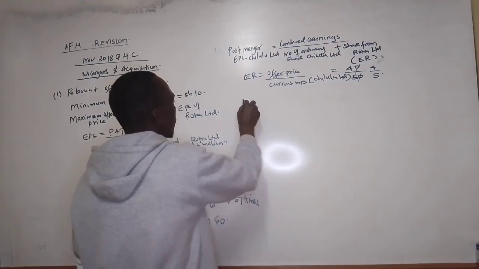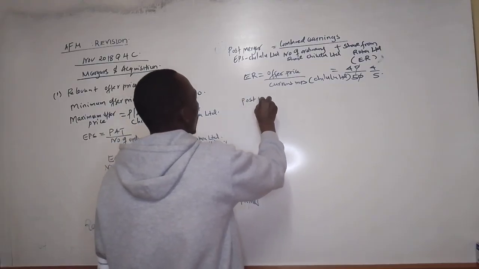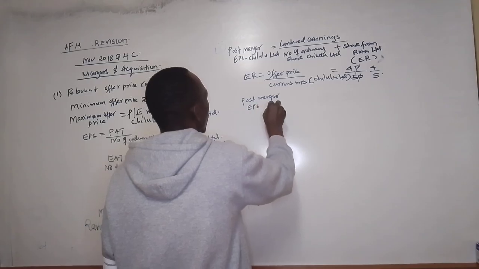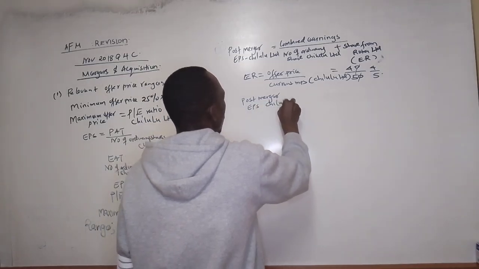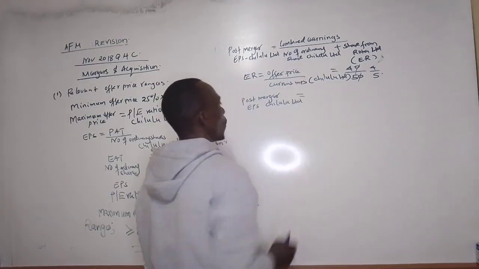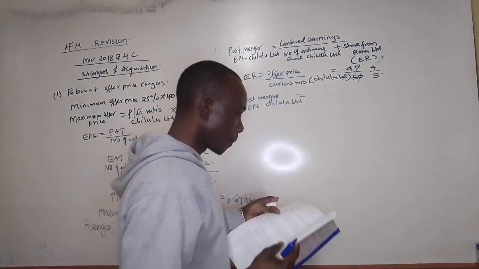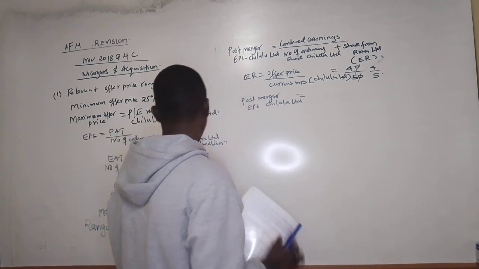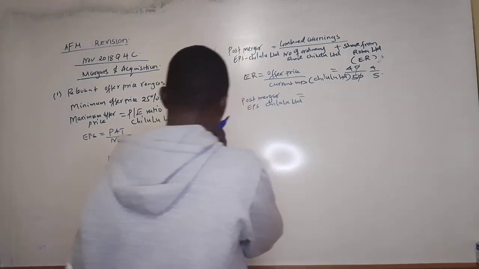So let us get the post-merger EPS of Chiruru Limited. You take the combined earnings: the predator was 30, and the target, 12.